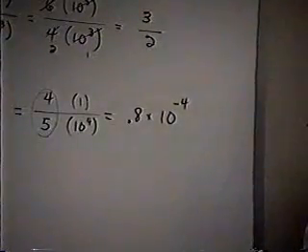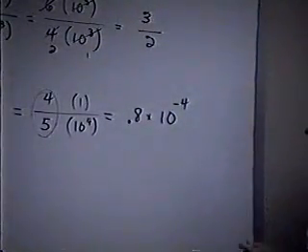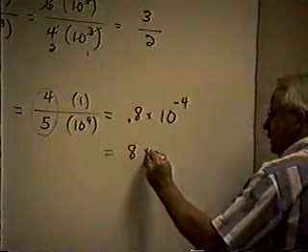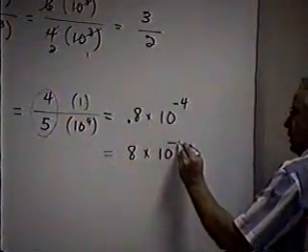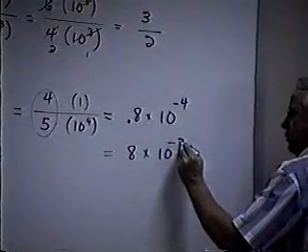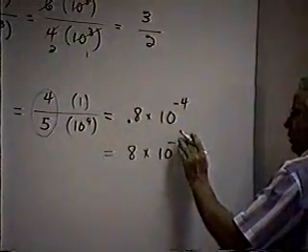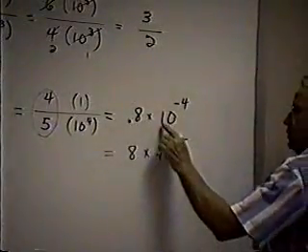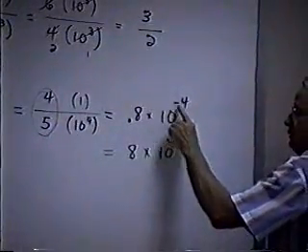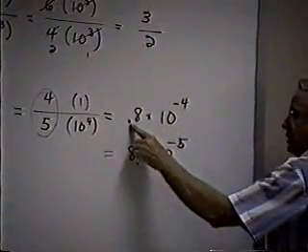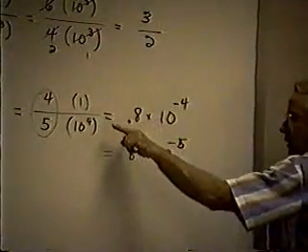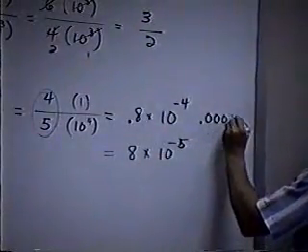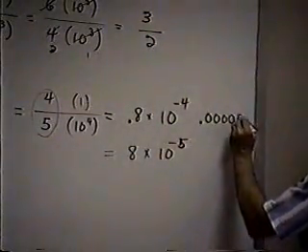And that's sufficient. However, on an answer, they might have something like this. Be careful, watch out, let me show you what this is. 10 to the minus 4, and this says I've got to have a decimal that way. So the answer to this would be 0.00008.